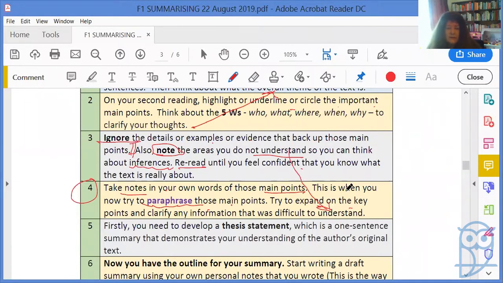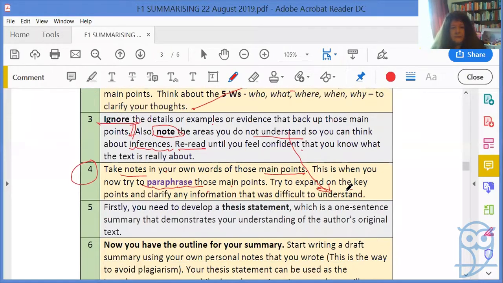So this is where you're using your synonyms or putting words into different formats or putting the front end of the sentence at the back end, all that sort of thing. So this is your little notes you're making now. Main points, you should only have about 3 or 4 main points. And then we'll look at what to do with them. Right, step number 5.